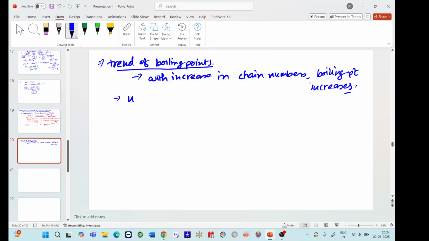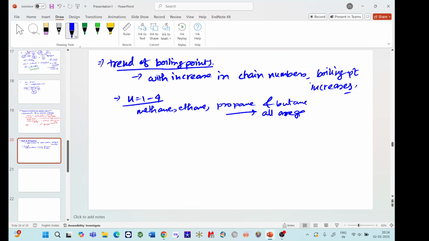If you see n equal to 1 to 4, you have methane, ethane, propane, and butane. All are gases, right? But if you go beyond that, from pentane, hexane, heptane, and so on, they will all be liquid.